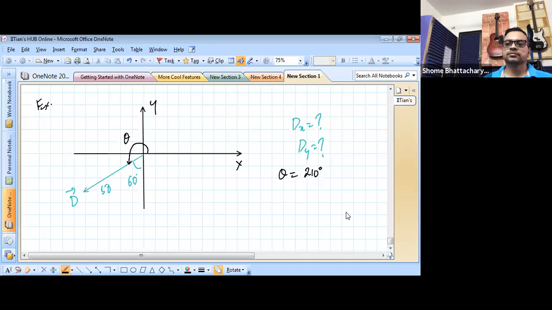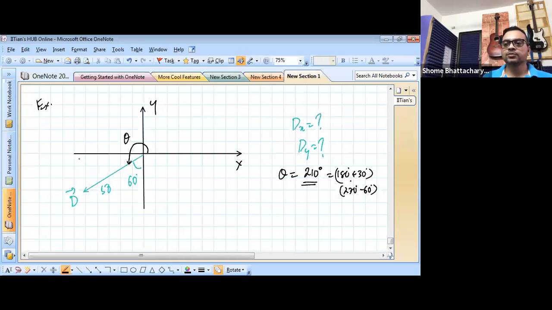You can see it is 180 plus 30. No, this angle is 30, this angle is 60, or it is 270 minus 60. This total angle would be 270 minus 60, it's 210 degrees. Theta is 210.